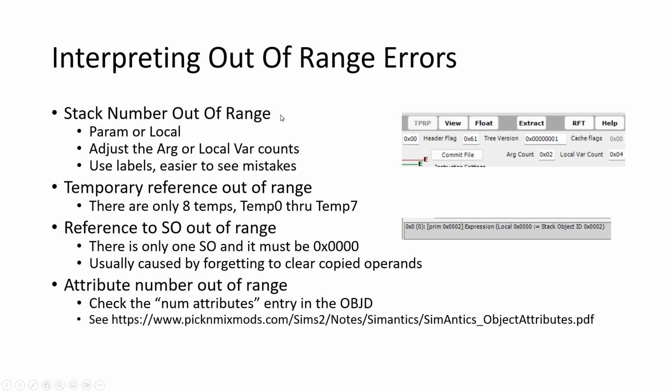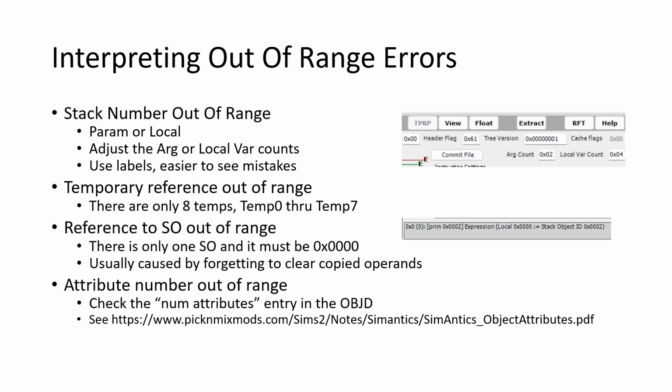So what you need to do is go and look and find out which function it's in, which BHAV it's in, which line number it's on. Go and look at what the local number or the parameter number is that you used there. Compare it to the number that you've defined, either the argument count for parameters or the local var count for locals, and work out one of 2 things.